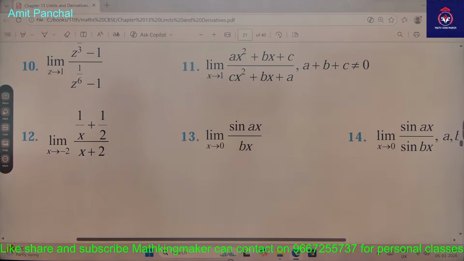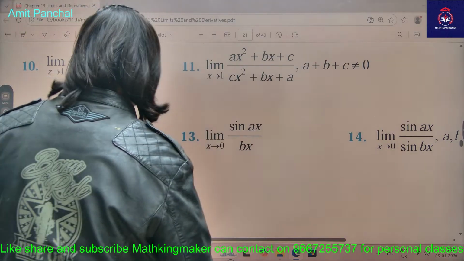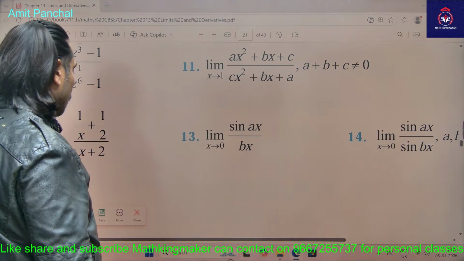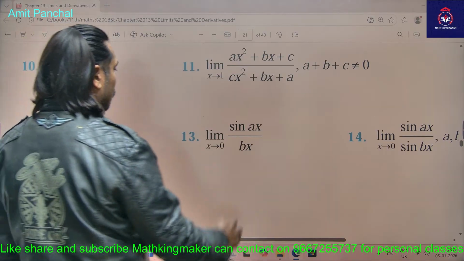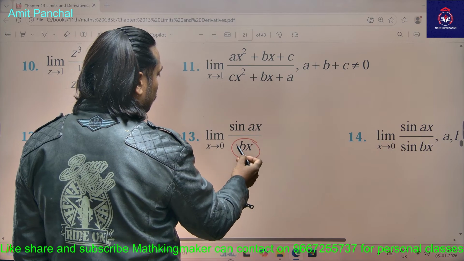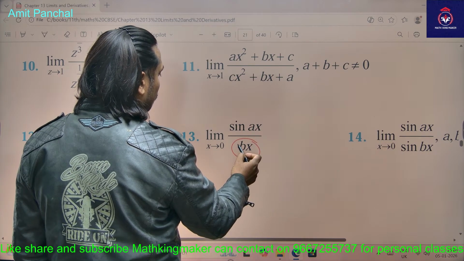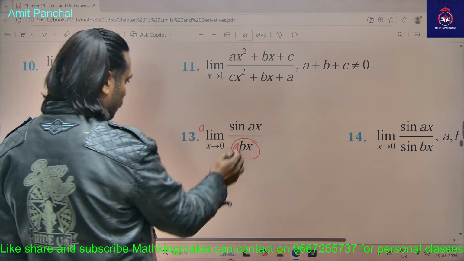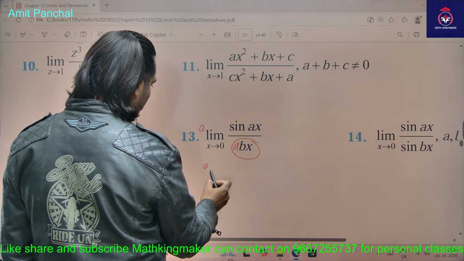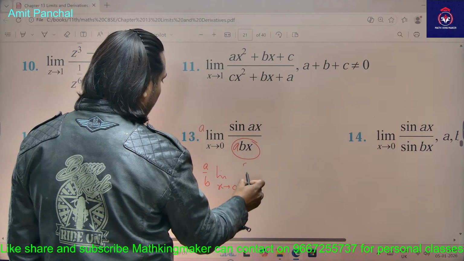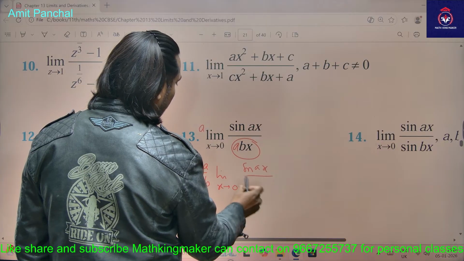First of all, you have to take sin ax into 1 by bx, and then we have to multiply it with sin ax. Yeah, because you need to keep it a here. So if you want a here, you need to multiply it like this, but this b you have to take outside. Then limit x tending to 0 sin ax by ax.